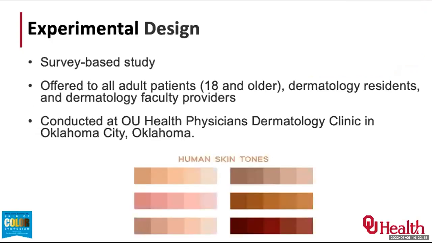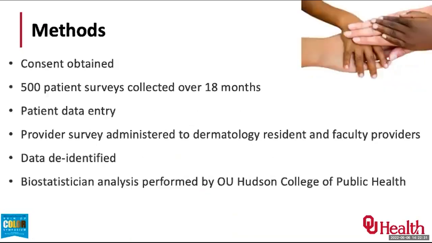So for the experimental design of our study, we had a survey-based study, and this survey was offered to all adult patients 18 years and older, along with dermatology residents and faculty providers here at OU Health Physicians Dermatology Clinic in Oklahoma City. First, a consent was obtained from our patients, and we collected about 500 patient surveys over the span of 18 months.